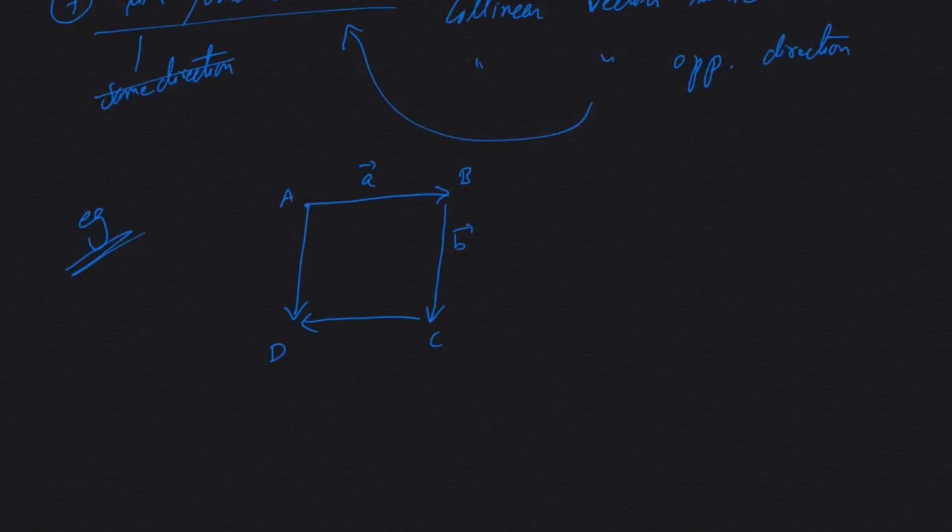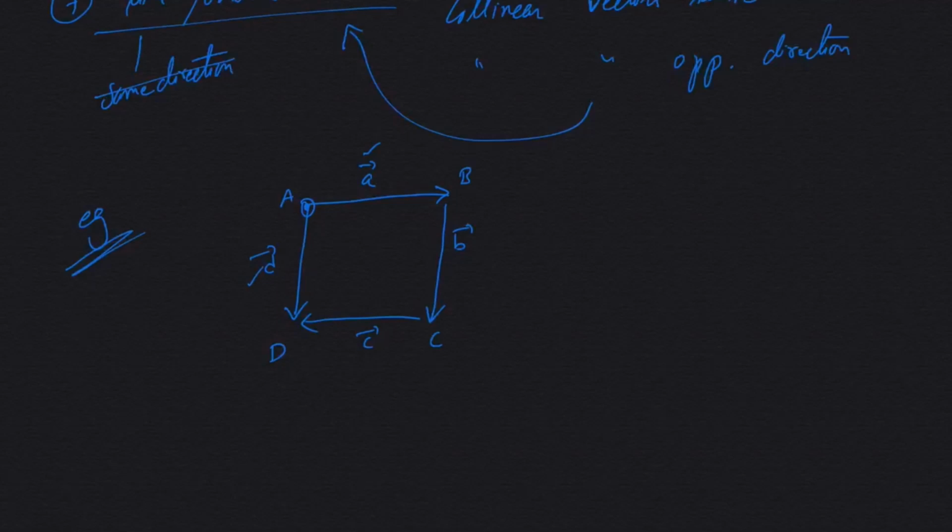I'll just name them randomly, A, B, C, D. So now here, what are co-initial vectors? Co-initial vectors are vector A and vector D, because they have the same initial point, right?